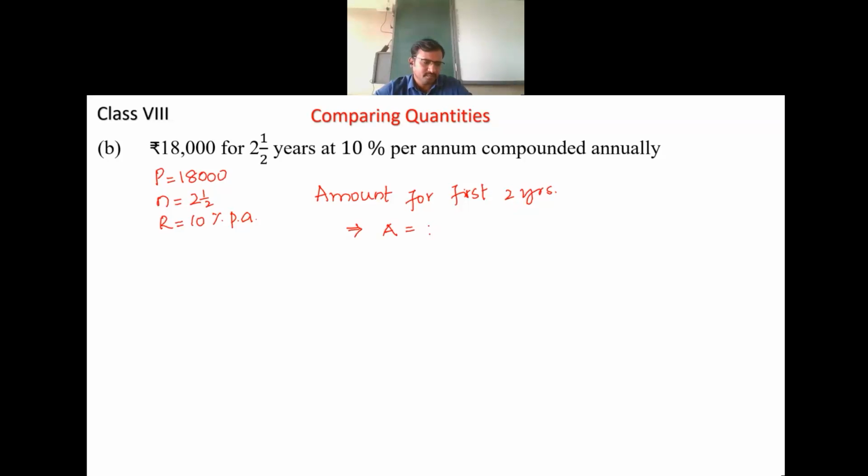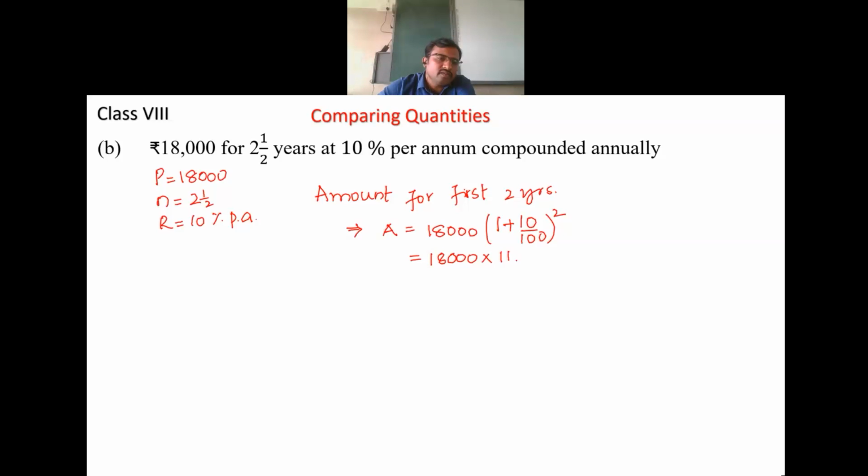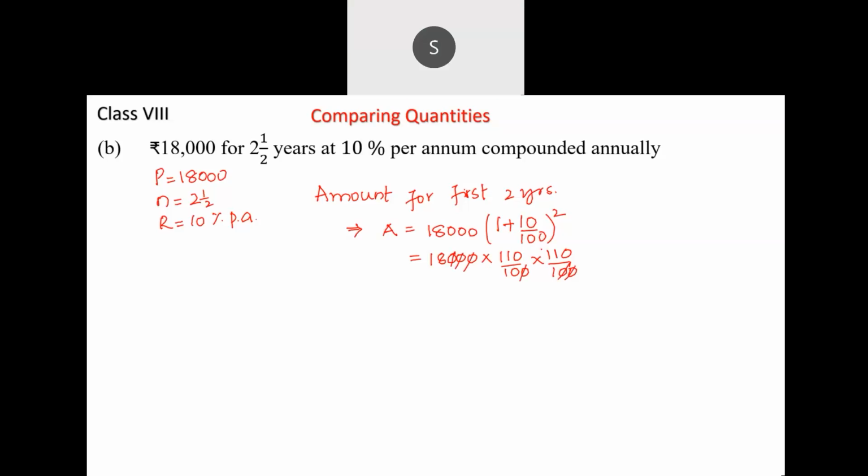So A is equal to P, 18,000 into 1 plus rate of interest, 10 by 100, to the power 2. Here the calculation is not that difficult. It is 18000 multiplied by 110 by 100 into 110 by 100. Cancel out these zeros. 3 zeros will get cancelled.